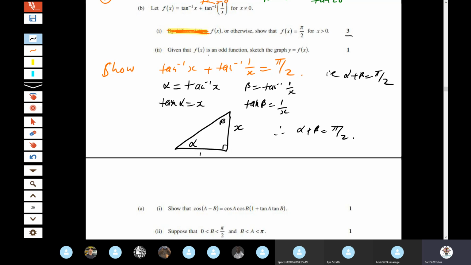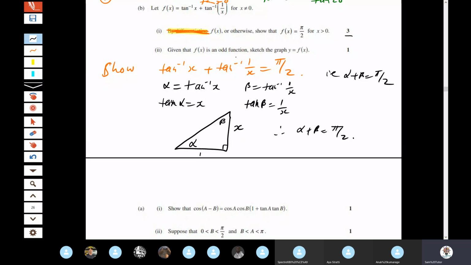Given that f of x is an odd function, sketch this graph. You guys have inverse tan, but you don't have inverse tan of 1 on x. But you do know that the y value is always 90 degrees. Can this be asked, or is this meant to be next year? I don't see why not, I'm going to leave it in there.